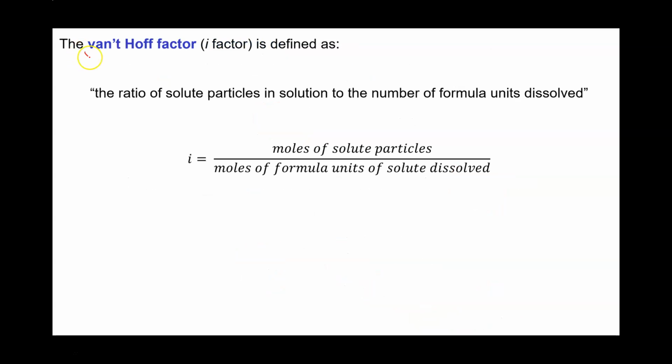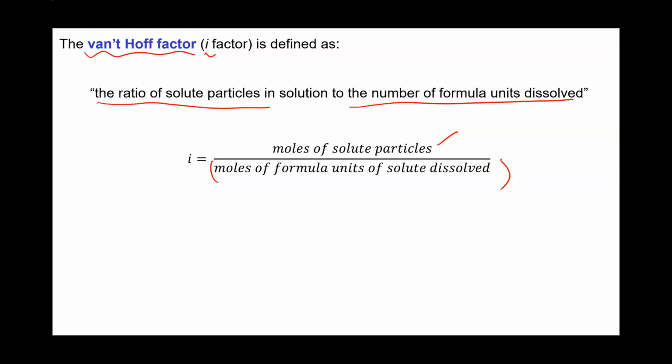So this is taken into account via this thing called the Van't Hoff factor, which we indicate with the symbol i. And the Van't Hoff factor is simply defined as the ratio of solute particles in solution to the number of formula units dissolved. So i just equals how many moles of particles actually end up in solution for every mole of formula unit of the solute that you dissolved.